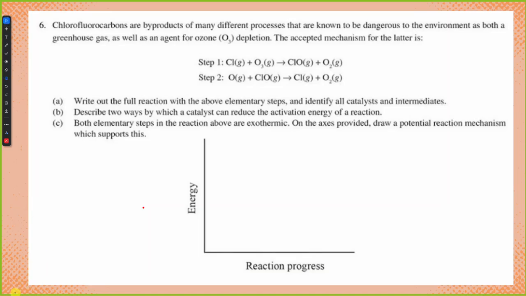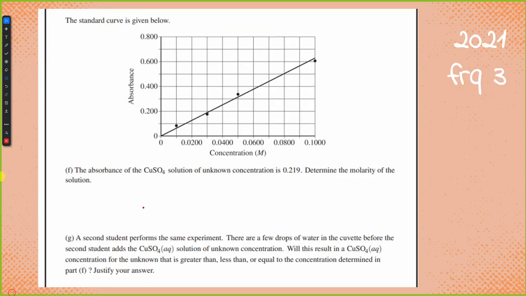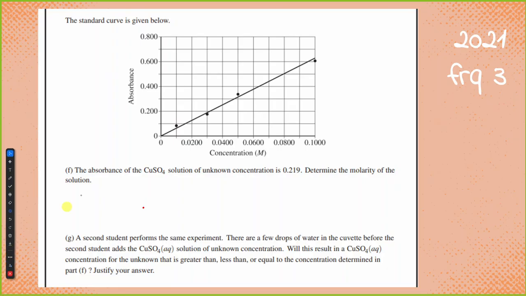Pointer. And move this. Let's see if I can move this down here closer. That will be helpful. Okay. Now we have another Beer's Law looking graph here. The solution's absorbance is 0.219, determine the molarity of the solution.